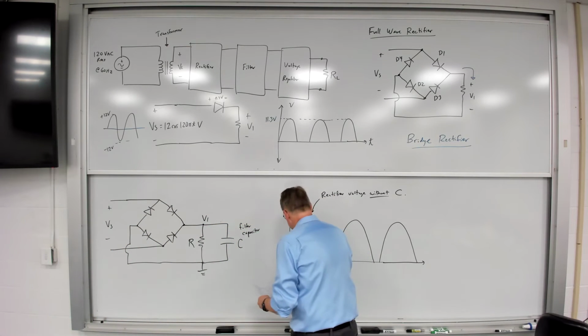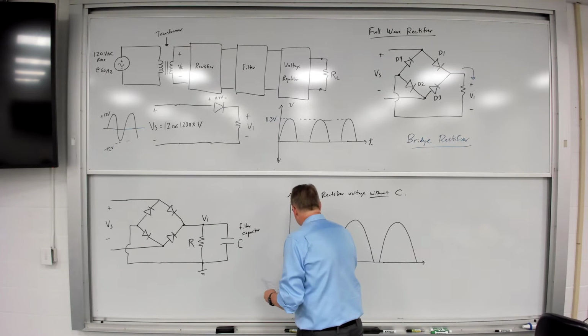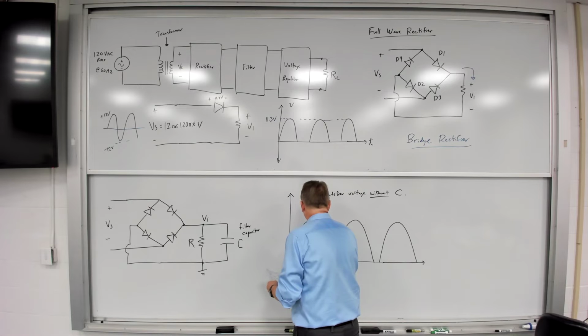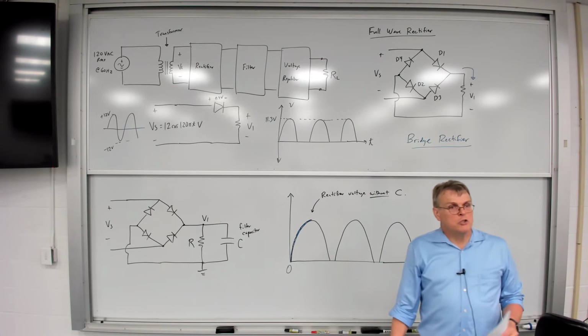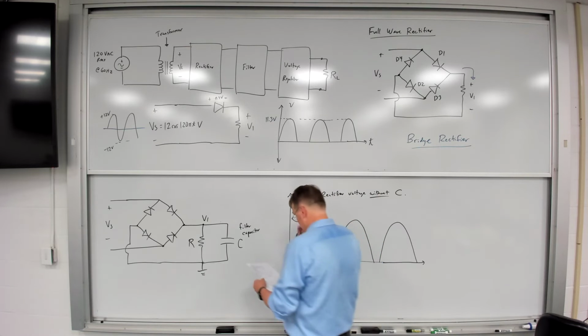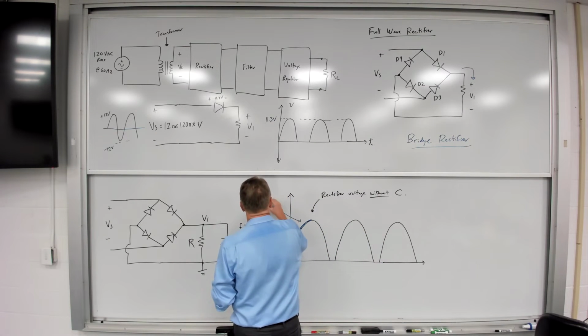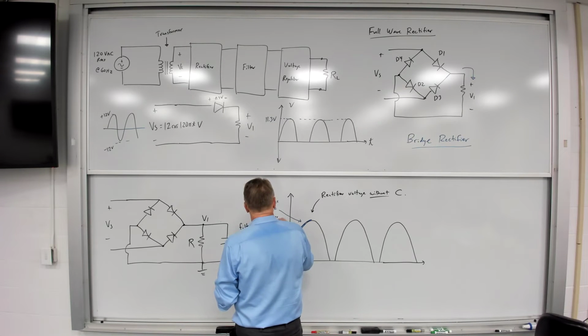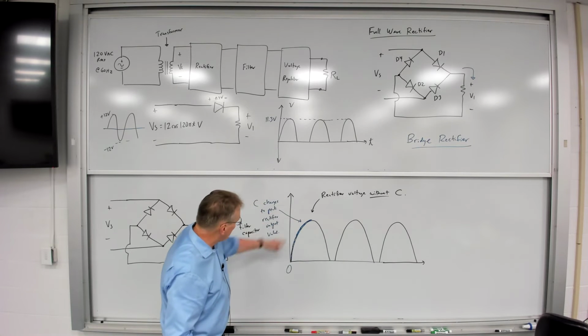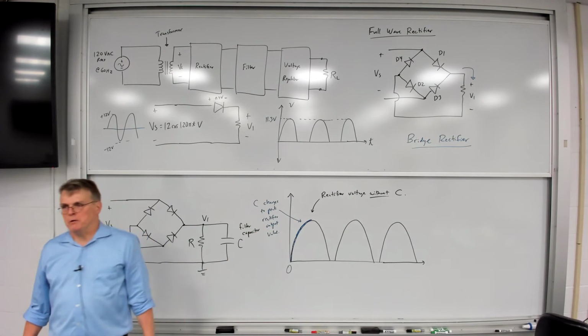So what we're going to see is this. The capacitor voltage is going to track the rectifier voltage, and that capacitor is going to charge up. So the capacitor charges up to the peak rectifier output.